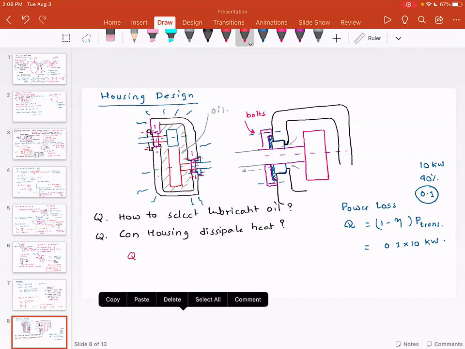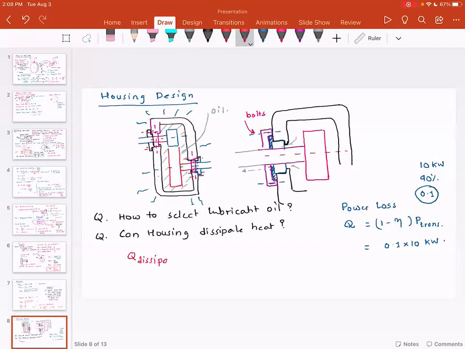Q dissipated is equal to h, the convection constant, multiplied by the surface area multiplied by delta T. This is the surface area of the housing, and h is the convective heat transfer coefficient, depending upon whether it's free convection or forced convection.